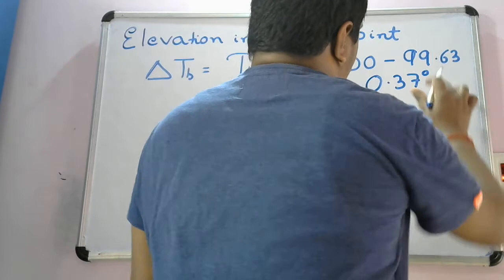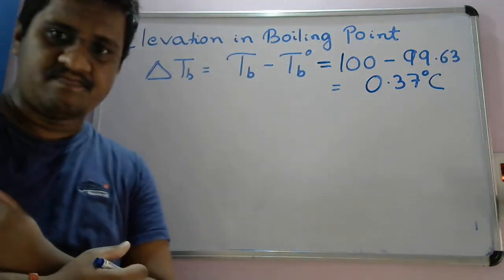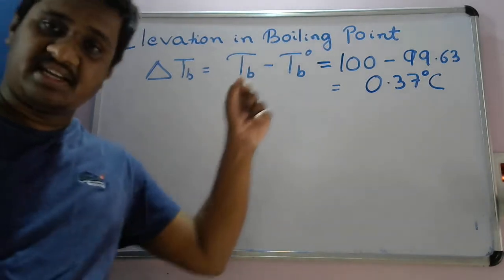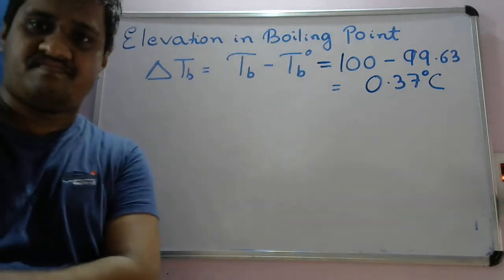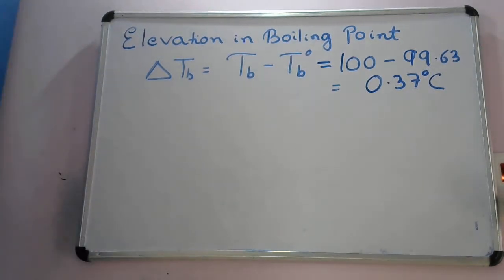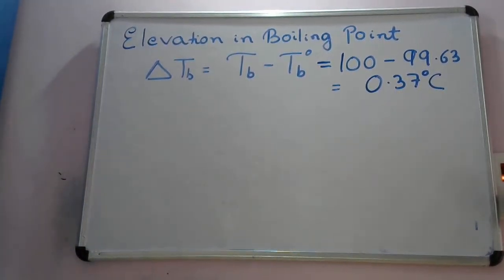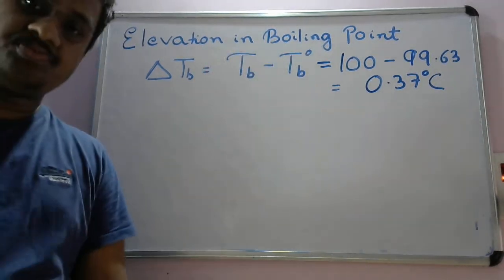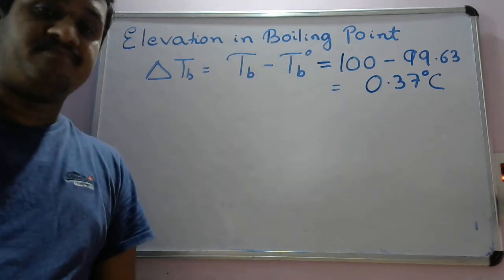Alright, now you see the difference will remain same. If you convert in Kelvin and calculate, then also the difference will remain same. You can verify by yourself also that the difference between the two boiling points will remain same if you calculate by converting into Kelvin.